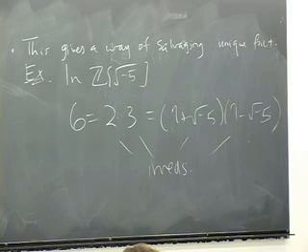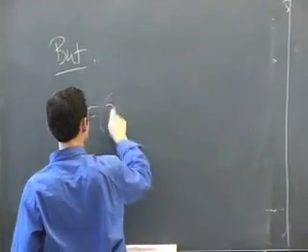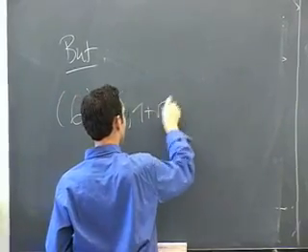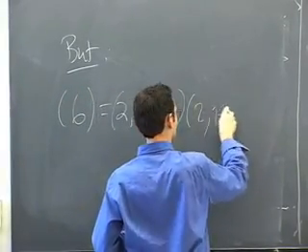But by this result, which I'm erasing now, remember this thing is a Dedekind domain, so we do have unique factorization into prime ideals. And here is its unique factorization into prime ideals: (2, 1 plus root minus 5) times (2, 1 minus root minus 5) times (3, 1 plus root minus 5) times (3, 1 minus root minus 5).